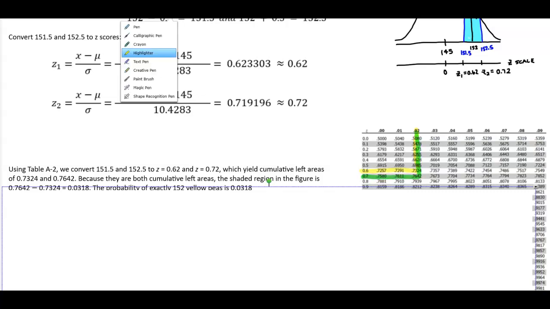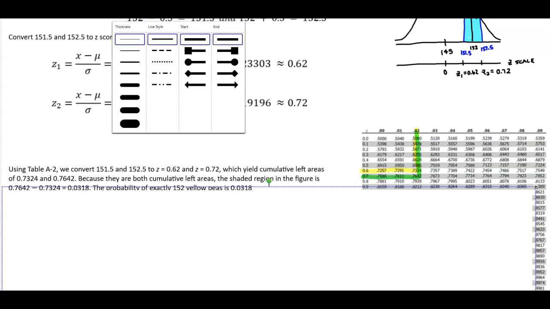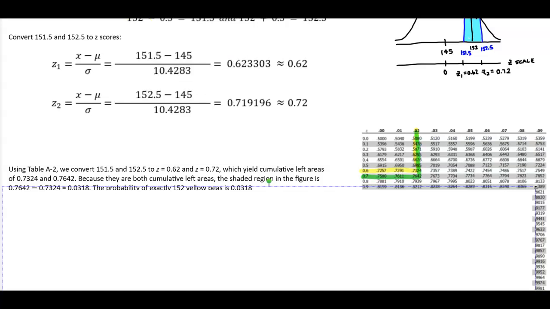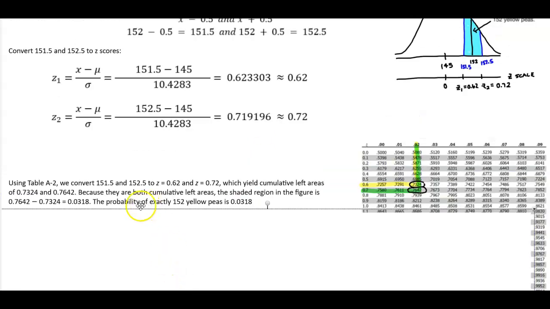So there are our two areas. Let's go ahead and circle those. To the left of 0.62 is 0.7324, and to the left of 0.72 is 0.7642. So using that table, we converted our two z-scores, 0.62 and 0.72, which yielded cumulative left areas of 0.7324 and 0.7642.